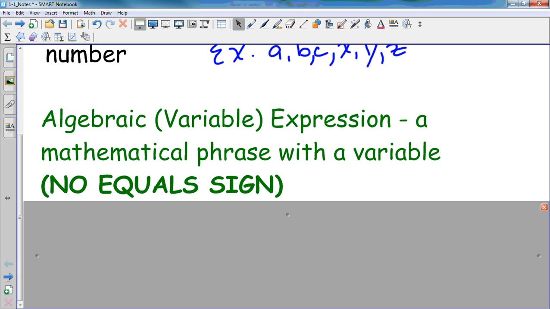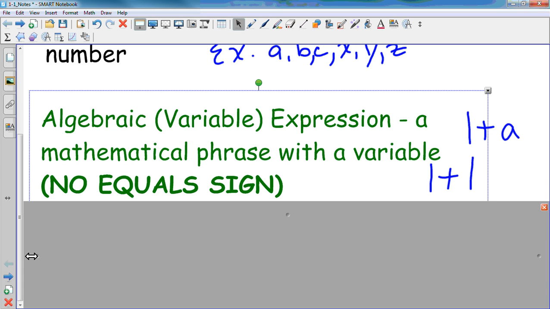A mathematical phrase could be something as easy as 1 plus 1. But when we put a variable in it, like 1 plus A, that makes it an algebraic or variable expression. This is just a mathematical expression, and this is a variable expression because there's a variable in it.